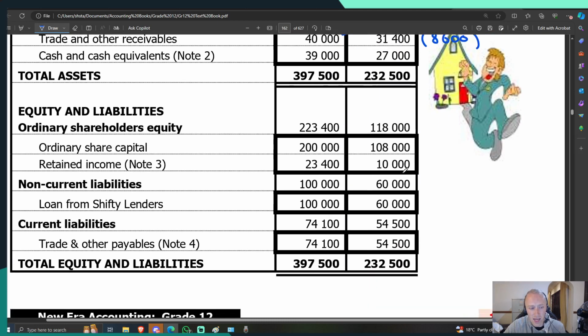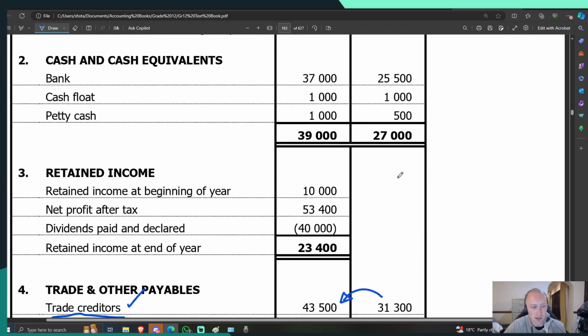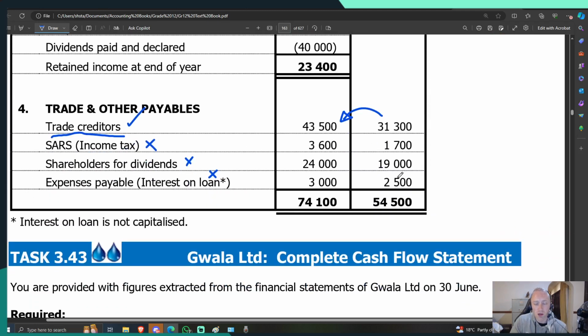But at the end of the year, if we look at our trade and other payables note, at the end of the previous year, we owed 2,500 in interest expense. We would have paid that first, so we definitely paid that this year. We also owed 3,000 at the end of this year, which means we have not yet paid that interest expense. So we're going to take our total interest expense for the year, add the interest expense from last year that we didn't pay, and minus the interest expense from this year that we didn't pay.